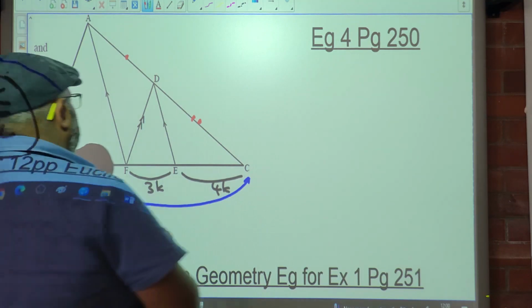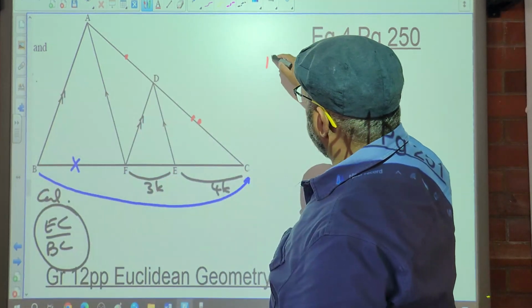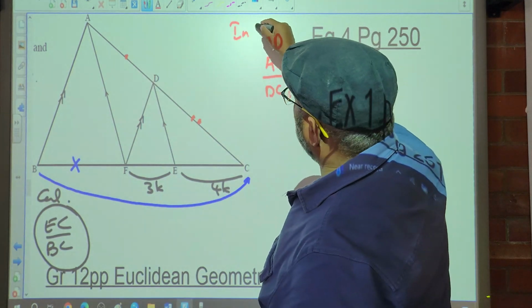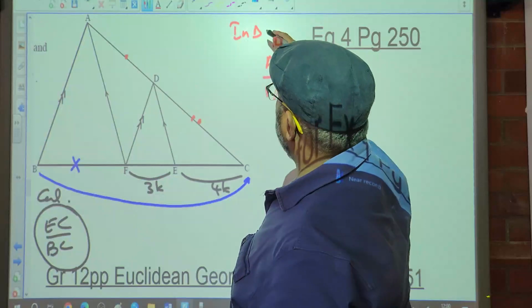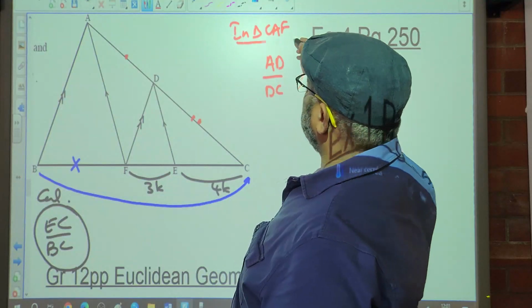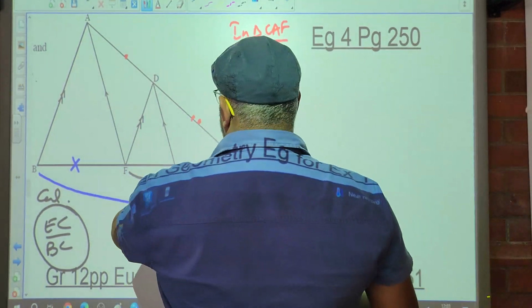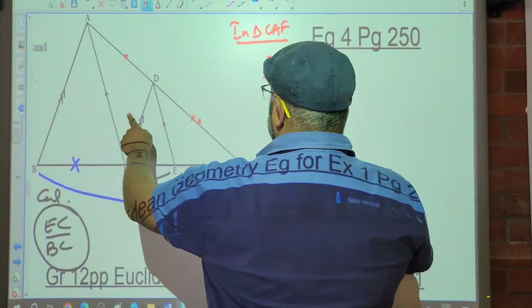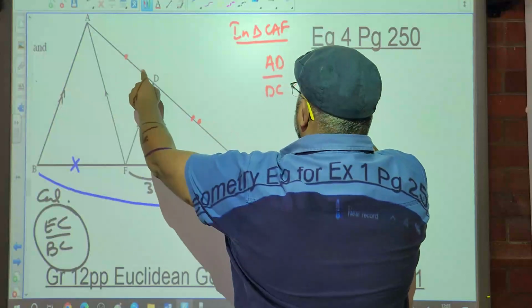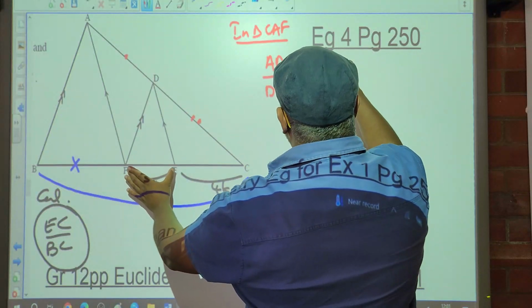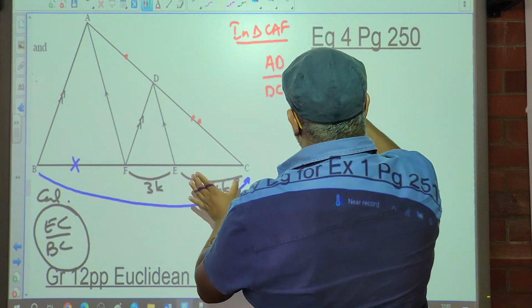So let's go. I'm going to say AD over DC. Let's firstly do intra-angle CAF. Did I have to write that? No. Okay. In triangle CAF, what can we say? That AD over DC is equal to FE over EC.